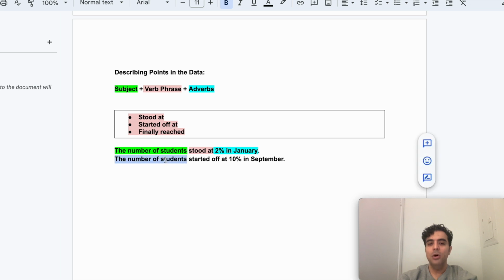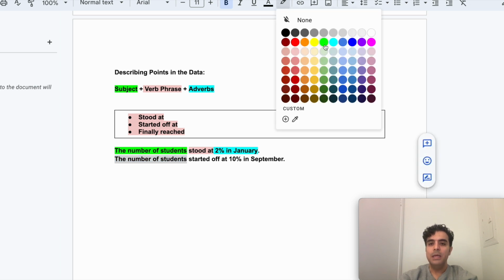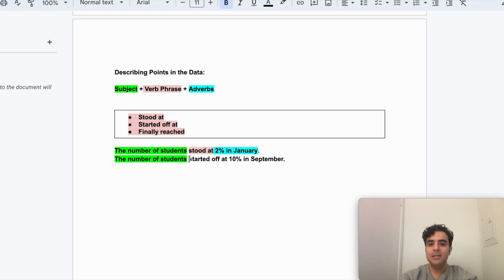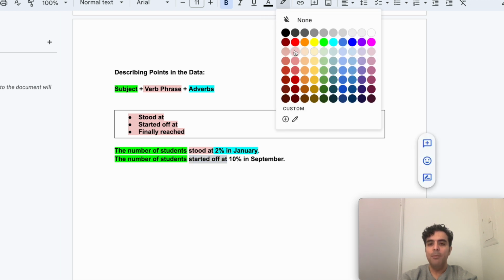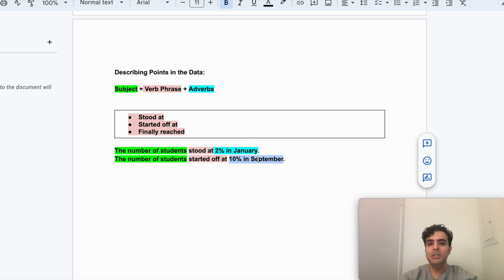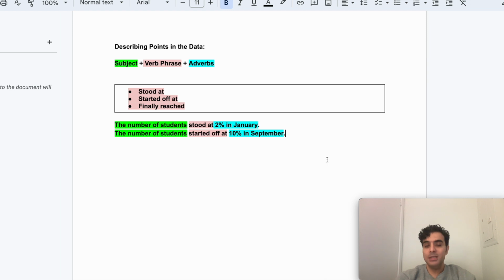Again, if I want to color code, the number of students will be my subject, started off at is going to be my verb phrase, and then 10% in September is my adverbial. So as you can see, describing points in the data is very simple and straightforward. All you need to do is learn these verb phrases and manage to follow the verb phrase construction for writing your sentence.